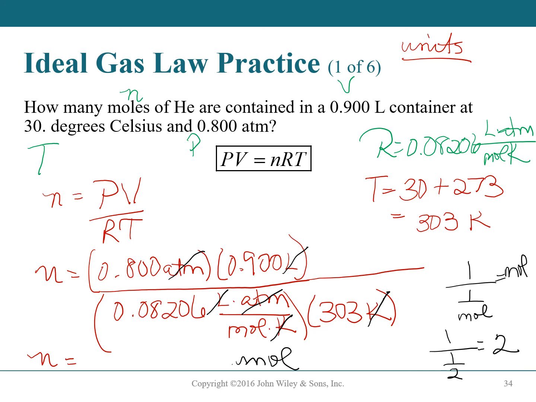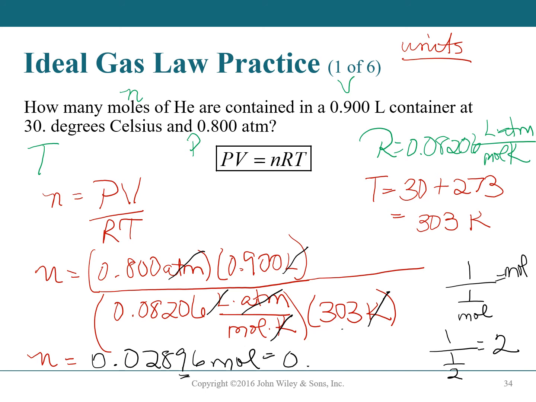So now let's go ahead and work with the numbers. 0.8 times 0.9 divided by 0.08206 divided by 303, and we get 0.02896 moles. Okay, and then 3 significant figures, so we're going to have 3 significant figures here.